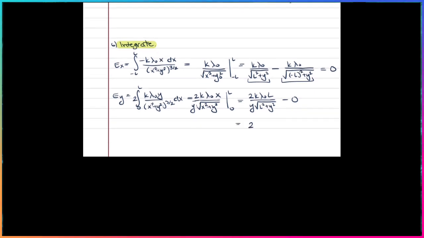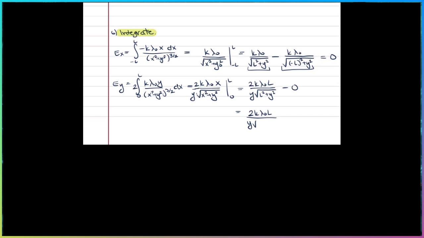So this becomes 2k lambda naught L over y, then I plug in L for the x, so that becomes L squared plus y squared. And then I get to plug in 0 anywhere I see an x. And there's an x in the numerator. How nice. So then it seems like the answer at the end of the day is 2k lambda naught L all over y square root of L squared plus y squared.